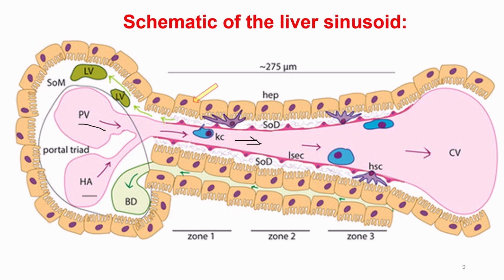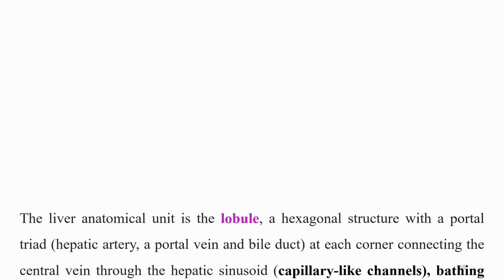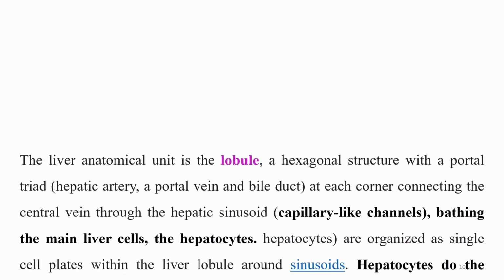You'll also see Kupffer cells, specialized macrophages that line the sinusoids. They play a key role in the immune defense of the liver, clearing bacteria and debris from the blood. Here, we explore the full anatomy of a liver lobule. It's hexagonal in shape. At each corner is a portal triad.